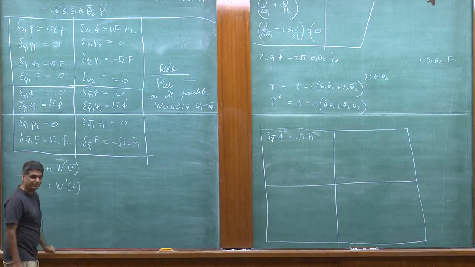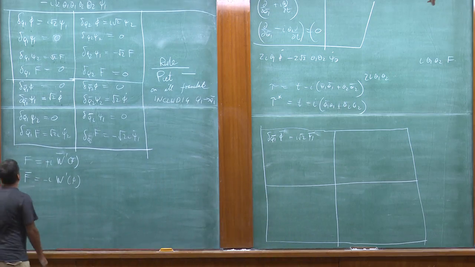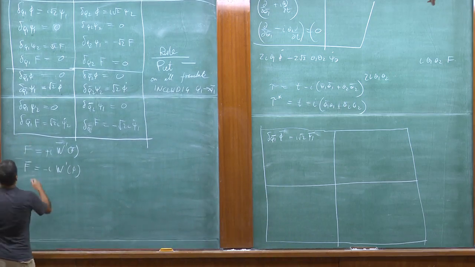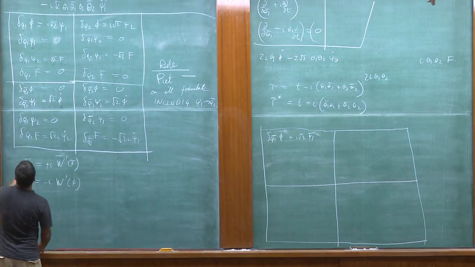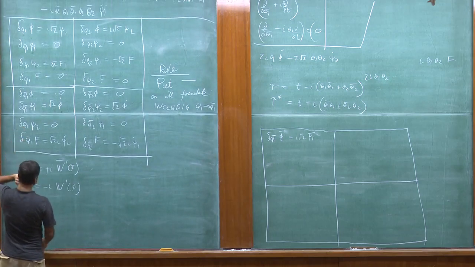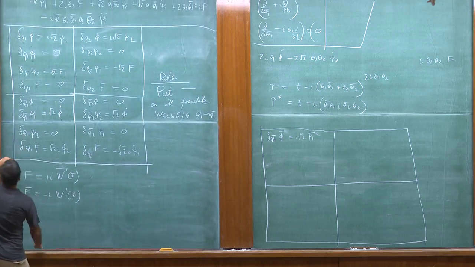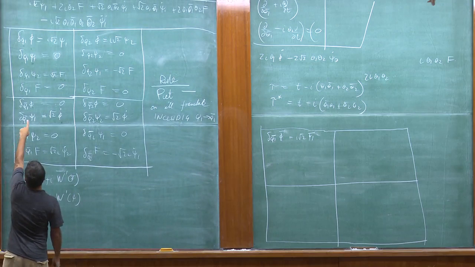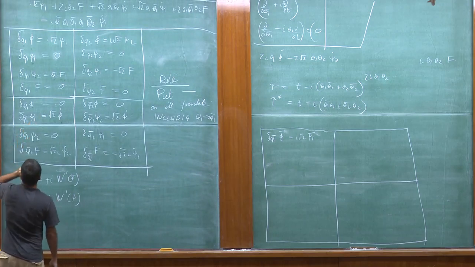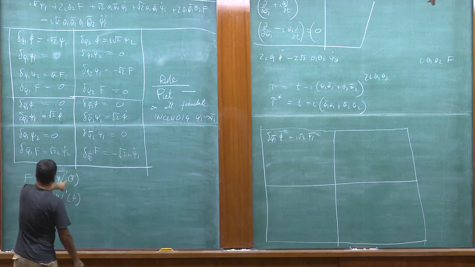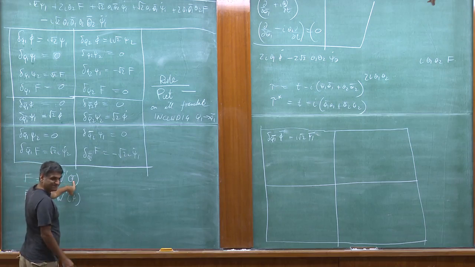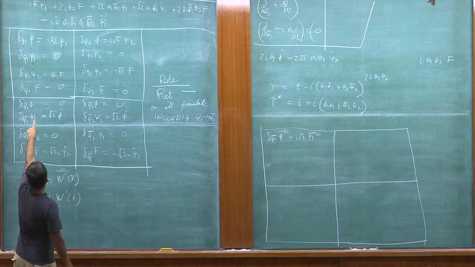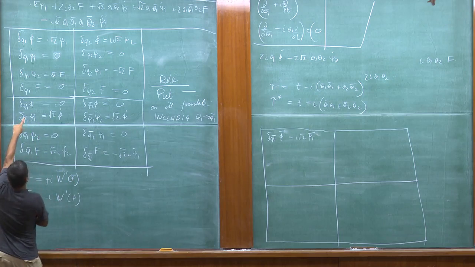Let's check this one. If I plug F in, first let's check the zero, the one that was delta Q1 on F. F was now a function only of phi bar.